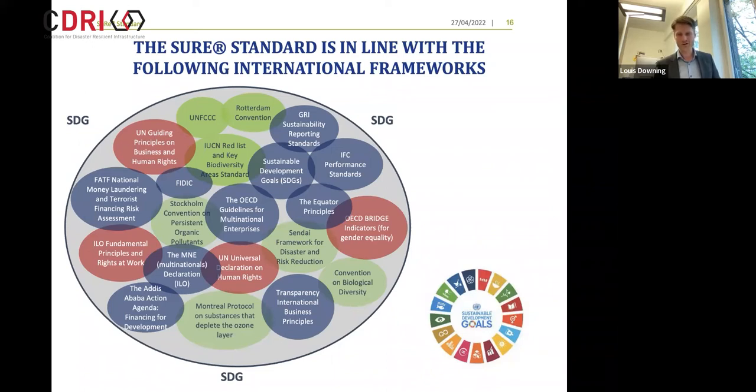So we encounter a lot of infrastructure projects that are being designed according to regional master plans or municipal master plans, but a lot of the requirements, for example, of the Paris Agreement or the SDGs that are focusing on the national level aren't always being translated to that project level. So that's really the purpose of the SURE standard, is to do that.